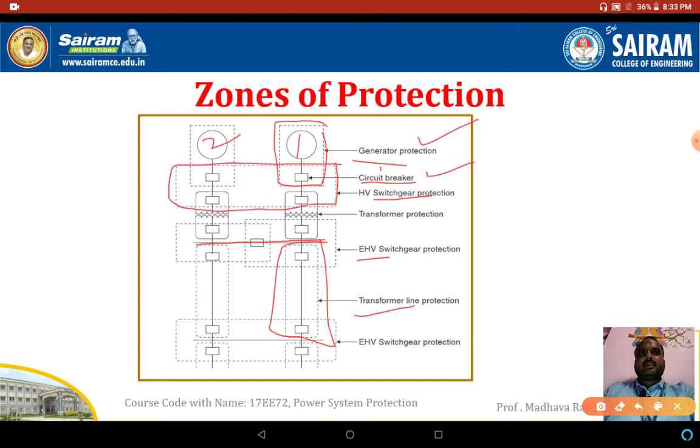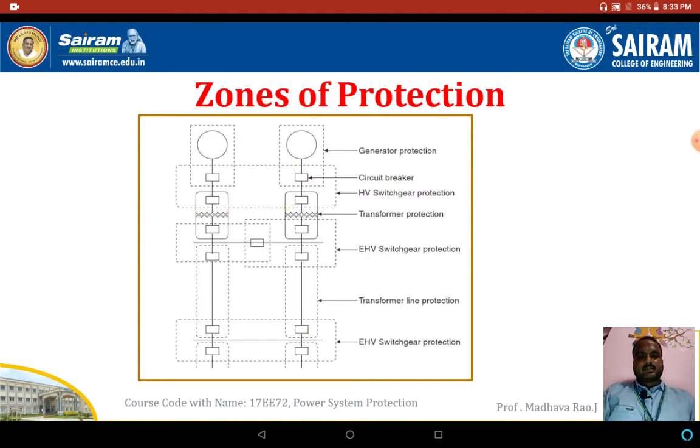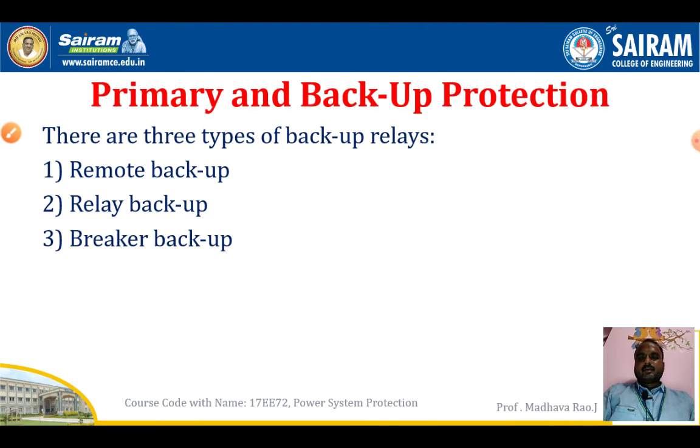Next we will see the primary and backup protections. Backup protection is of three types: remote backup protection, relay backup protection and breaker backup protection. So what is meant by remote backup protection?